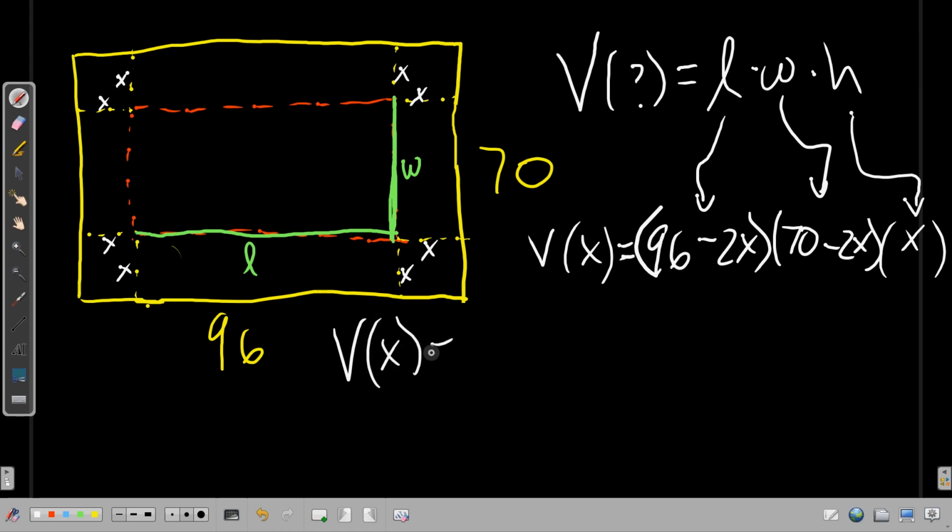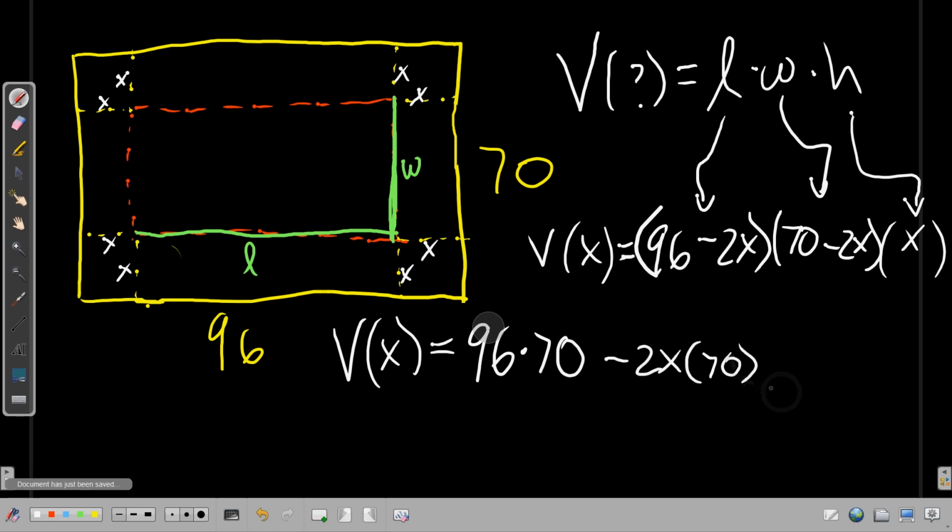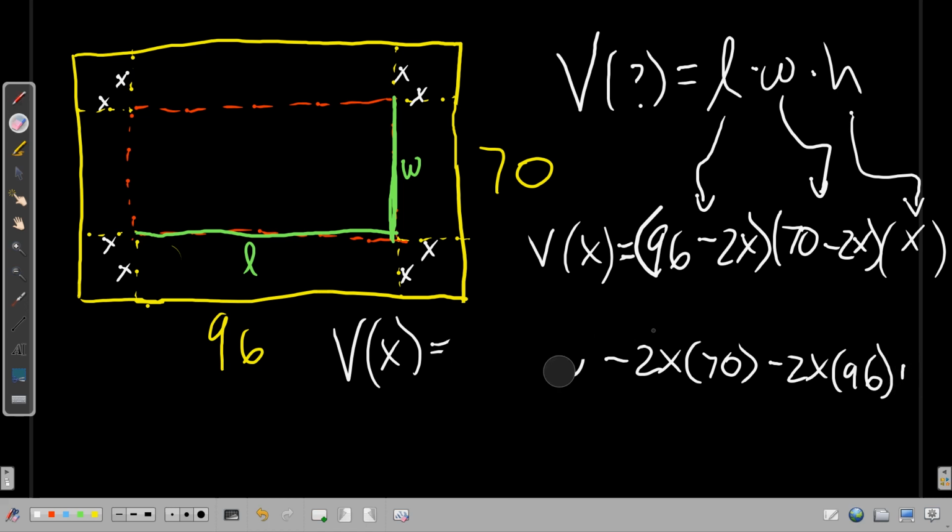So V of x is going to be, well, I should FOIL these two things together, and then when I'm done I'll just multiply everything by x. And I don't want to figure out what 96 times 70 is yet, so I'll just write it like that. 96 times 70, and then minus 2x times 70, and then minus 2x times 96, and then plus, I've written too big here, let me write smaller.